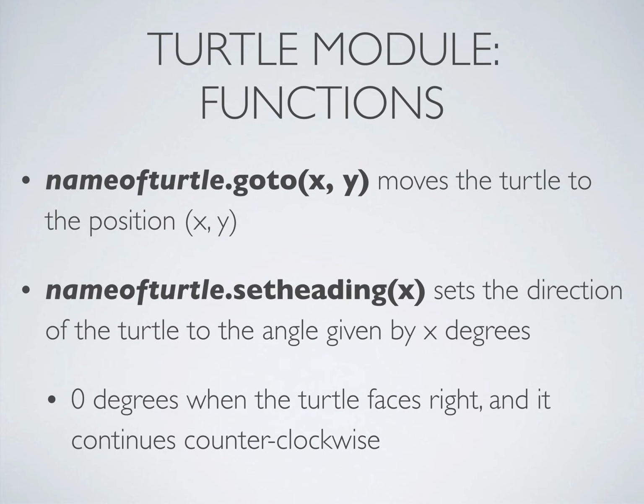So if you want to change it to an absolute angle, you can say set heading to some degrees, keeping in mind the fact that 0 degrees is when the turtle is facing directly to the right. So then you move counterclockwise from that.